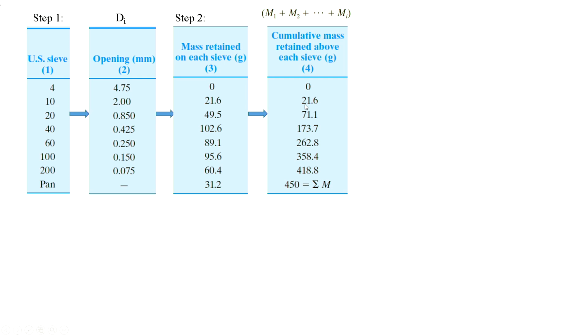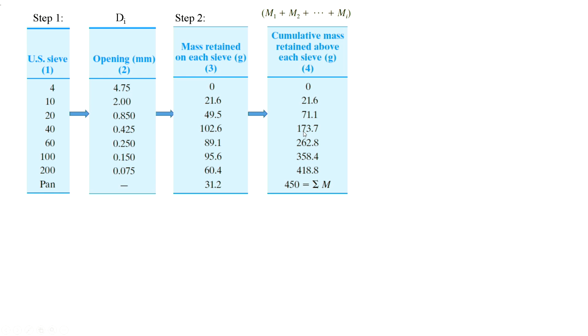But for the next one, it is 21.6. For the third one, it should be the accumulated, so it should be this plus this plus this. It is 71.1. And for the fourth one, it is this plus this plus this plus this.